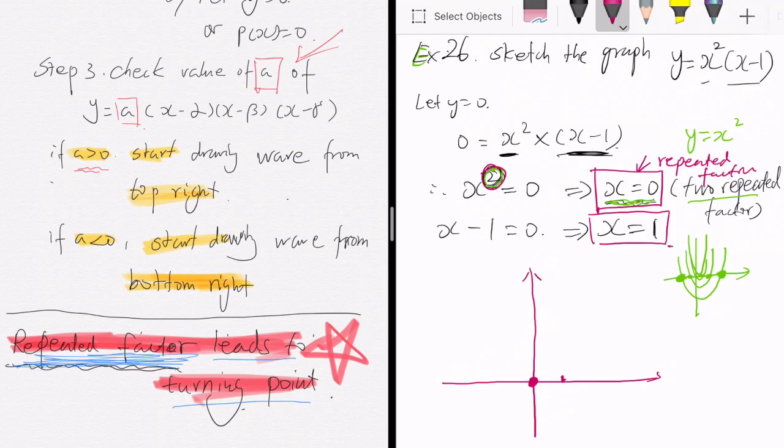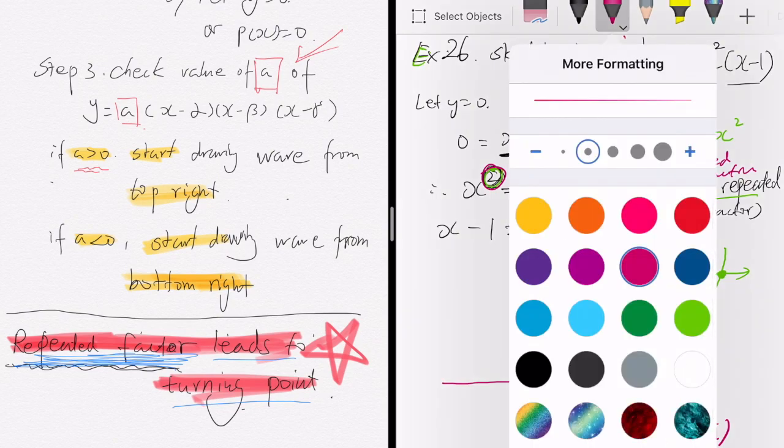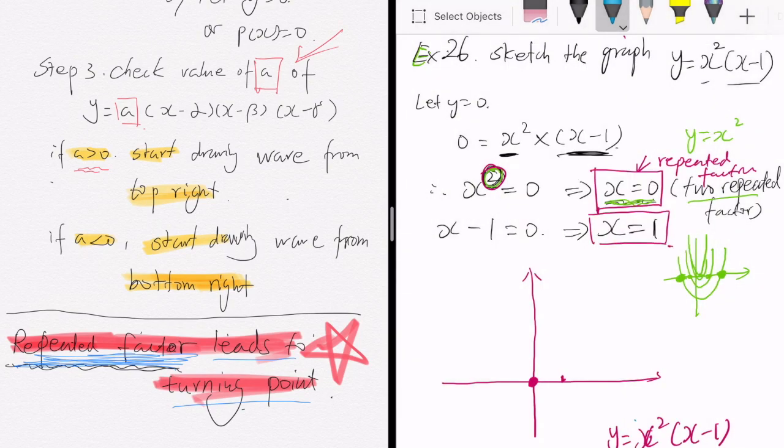Again we're going to do something similar. We're up to step 3 now. Check the a value. My equation is y equal to x squared times (x minus 1), so a is actually over here in front, 1. So a is equal to 1, larger than 0.